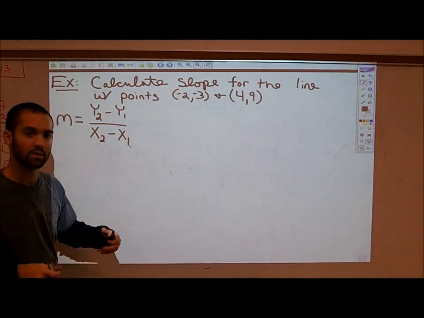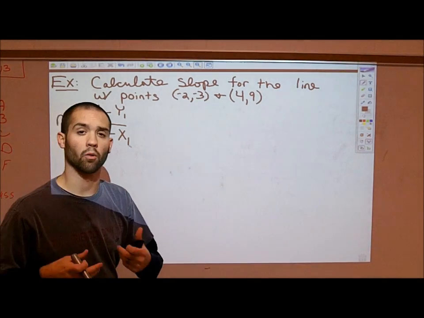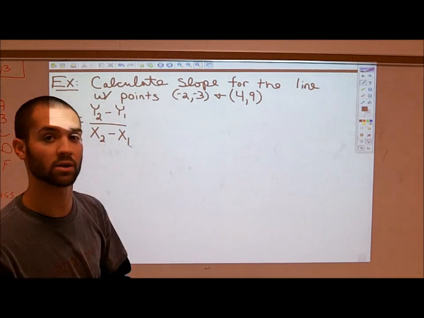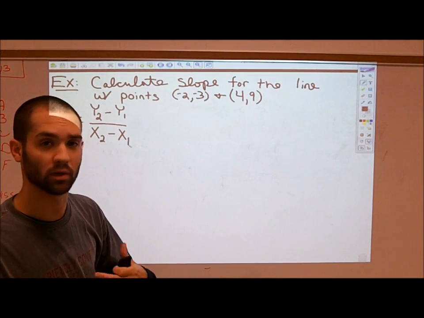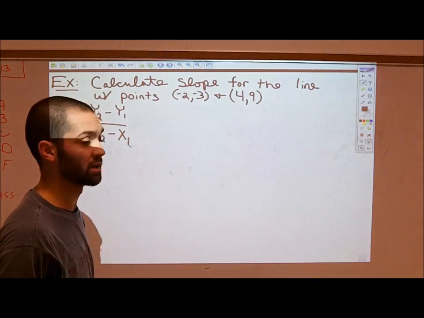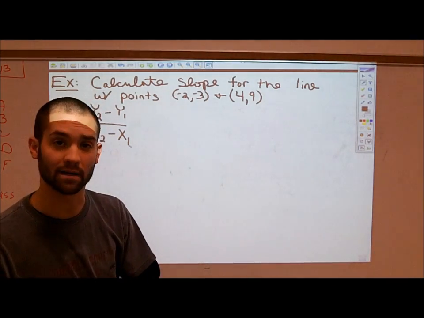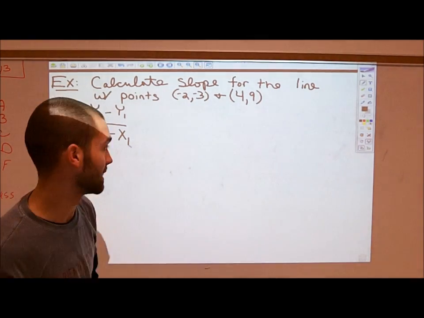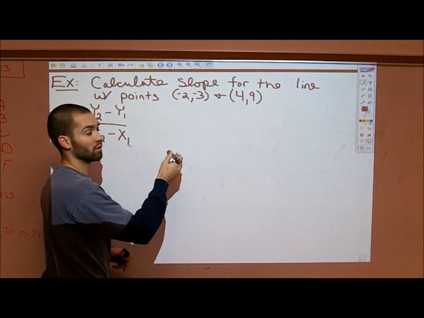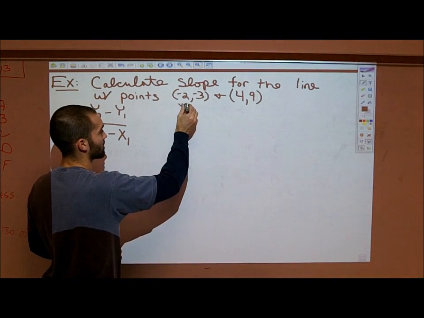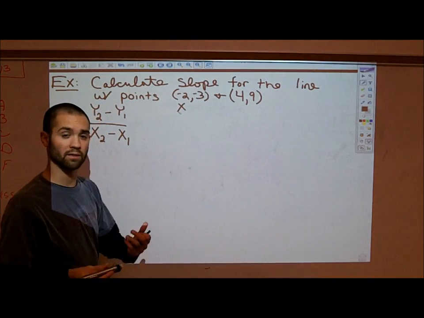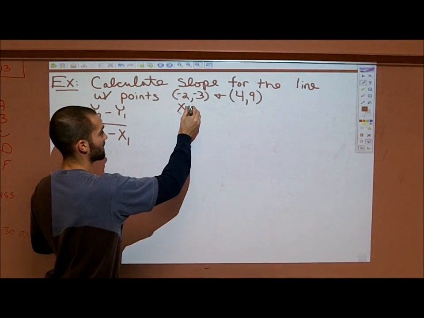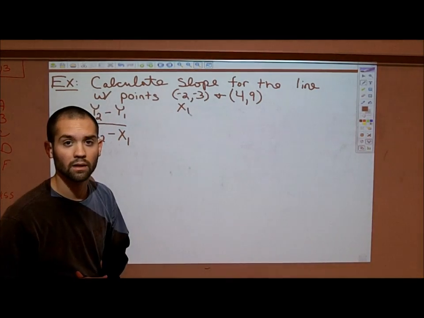Now we have to decide who's going to be our y1 and x1, and who's going to be y2 and x2. The best way to do it is just to go from left to right. -2 is an x value. It's the first x we see, so we say this is going to be x1.